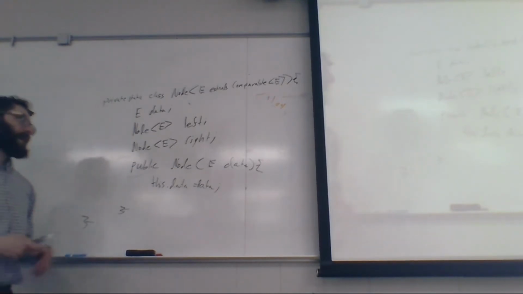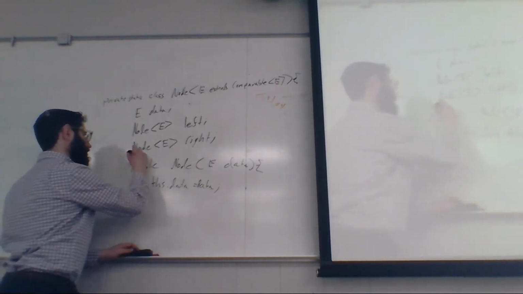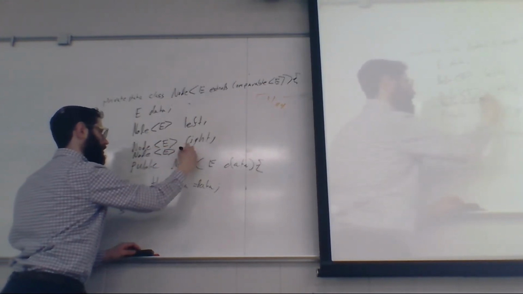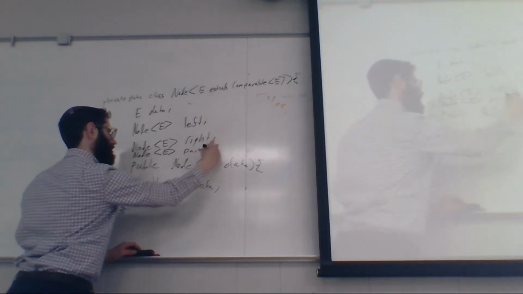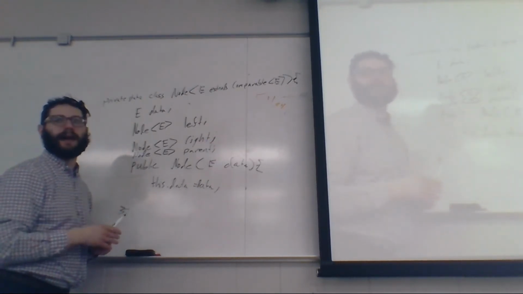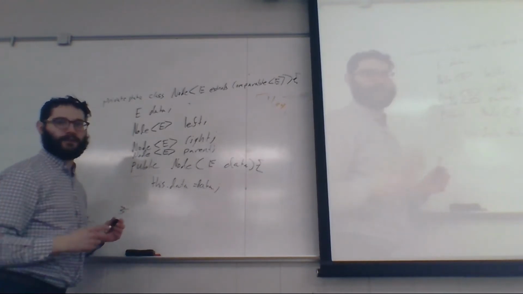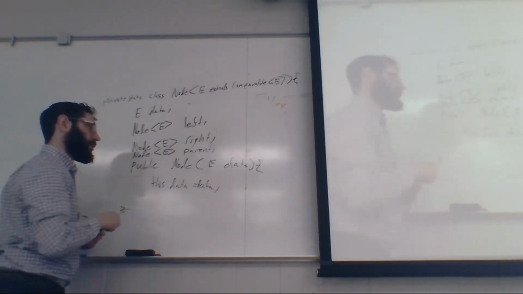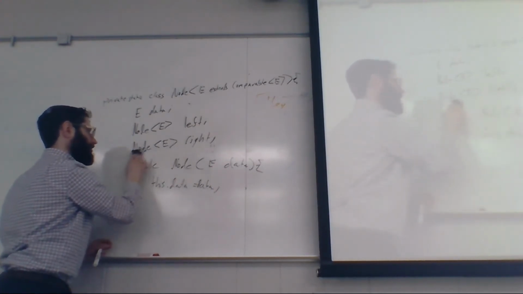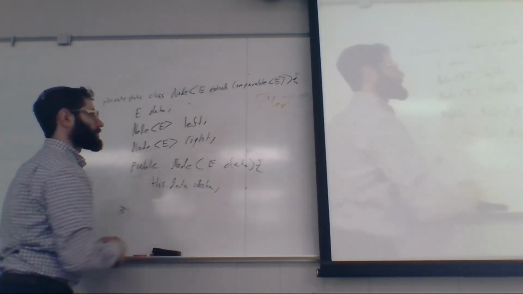Now occasionally you might have a third pointer, Node E parent, that will point to my parent, but for most cases you don't need that. You don't want to go back up the tree. You want to just always go down the tree and keep searching it. But that's what your node looks like.